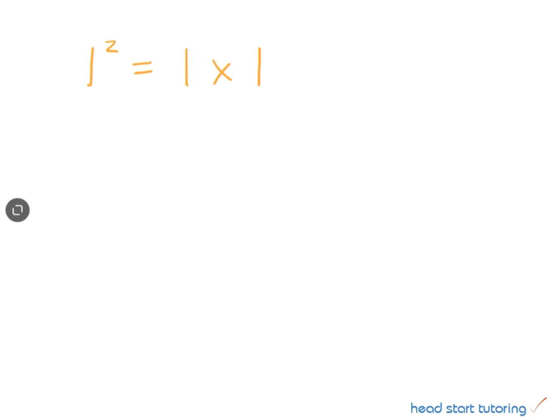The answer to any number that we square is called a square number. So because 1 to the power of 2 is equal to 1 times 1, which is equal to 1, 1 is known as a square number.